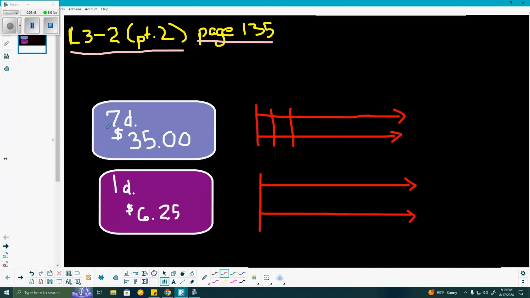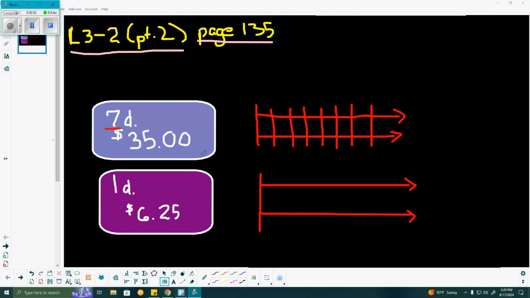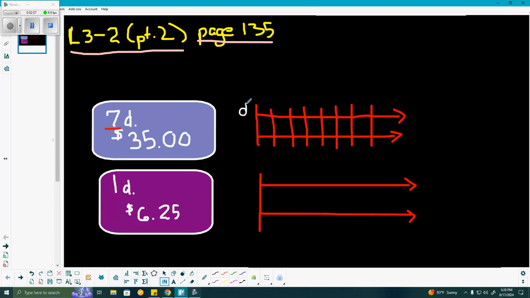Because this one is 7 days, I need to make 7 lines. 1, 2, 3, 4, 5, 6, 7. Very good. Now, these are the days, and then this is the amount of money. 1, 2, 3, 4, 5, 6, 7. So a 7-day pass costs $35.